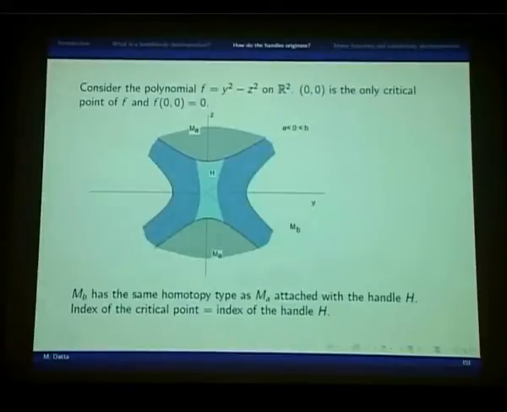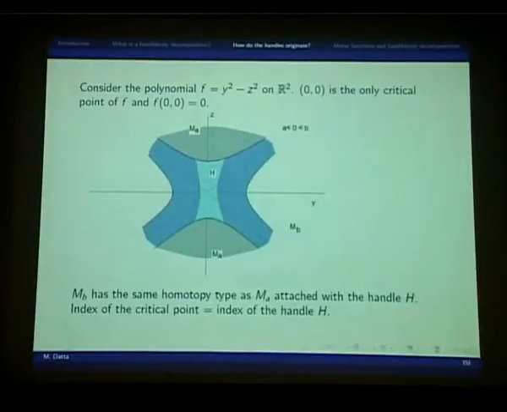Now observe this, that the critical point that I was considering, this is 0, 0, the index was 1, because there is exactly one negative term in the quadratic polynomial. So index was 1, and I have attached H to MA. H is D1 cross D1 and it is attached along S0 cross D1.